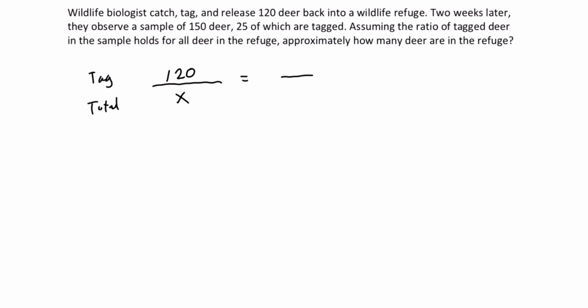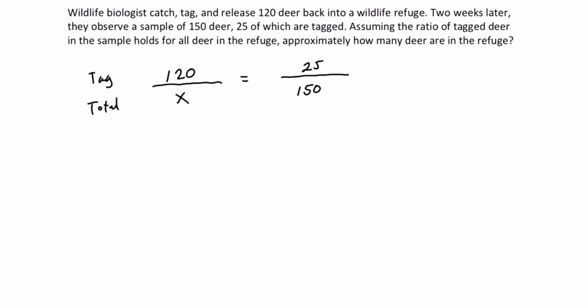With our second ratio, we want to keep the same setup. Tagged over the total. So of the sample, 25 were tagged out of the total sampled 150.